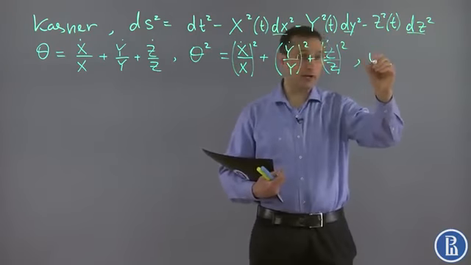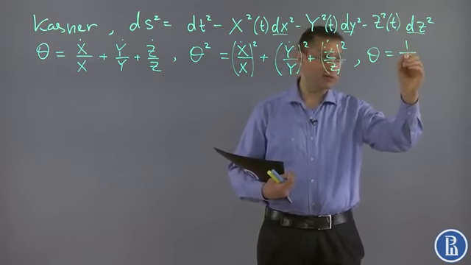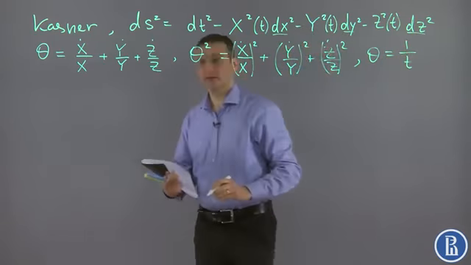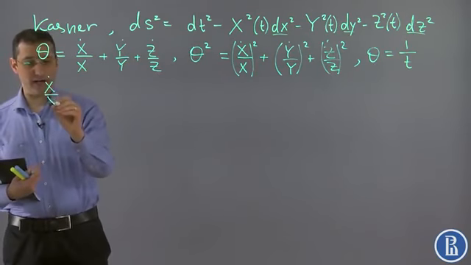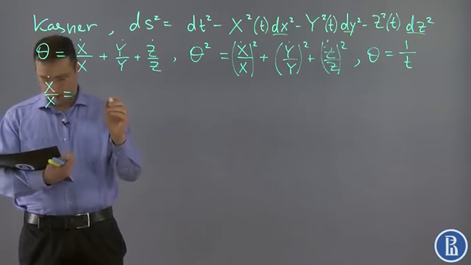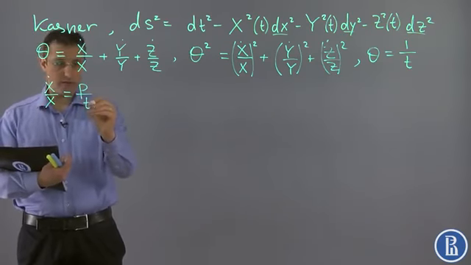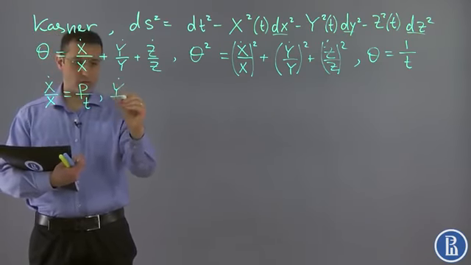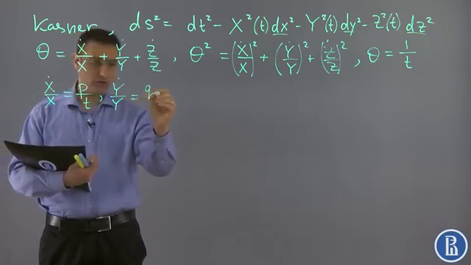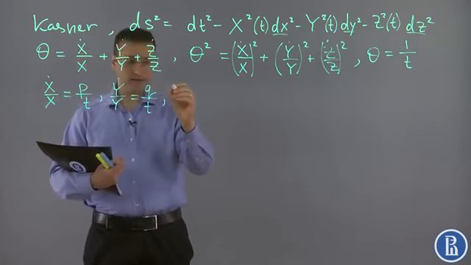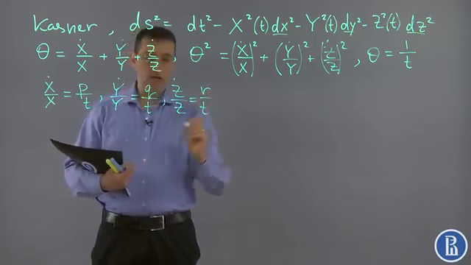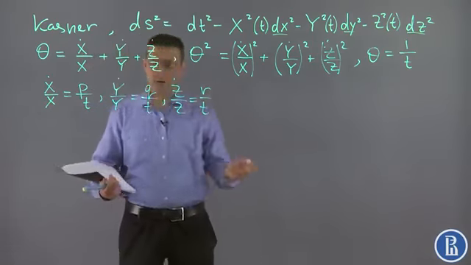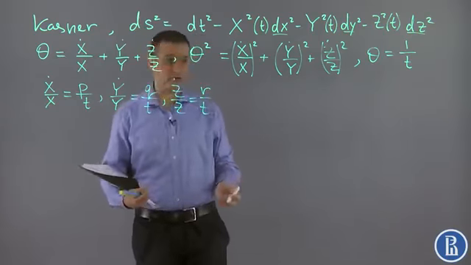Also from the Einstein equation, we have obtained that theta is 1 over t, and x dot over x is equal to p over t, y dot over y is equal to q over t, and z dot over z is equal to r over t, where p, q, and r are arbitrary constants of integration.